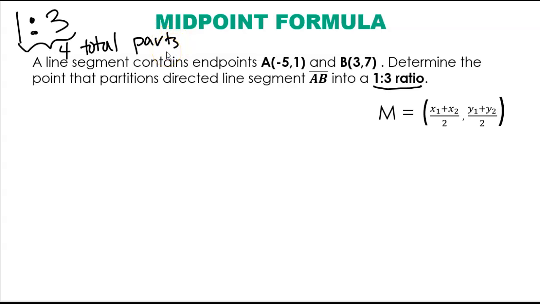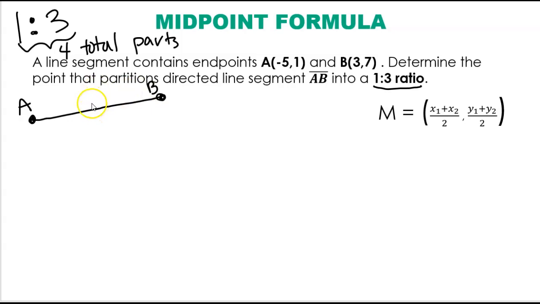Now you're going, what does that even mean, using the midpoint formula? Okay, let me show you. What are they asking us to do? We have this line segment AB, okay? And we want to split it up where we are partitioning it 1 part to 3 parts, which is a total of 4.